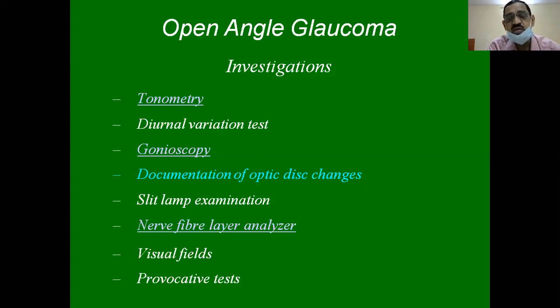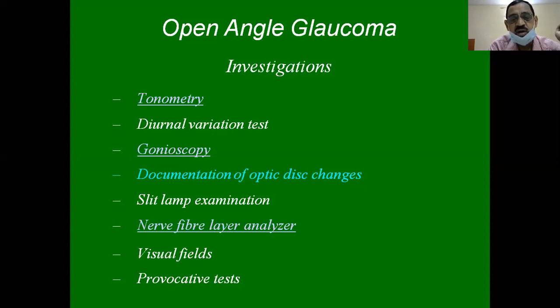Next, documentation of optic disc changes. I have already mentioned that there are various procedures, various devices we have for documenting them. This is very important because a primary open angle glaucoma patient, in fact any glaucoma patient, will have to be treated and followed up all through life.